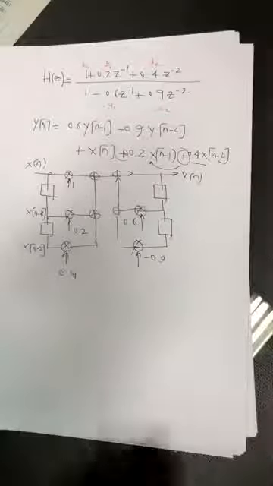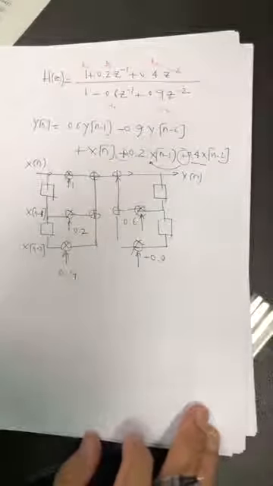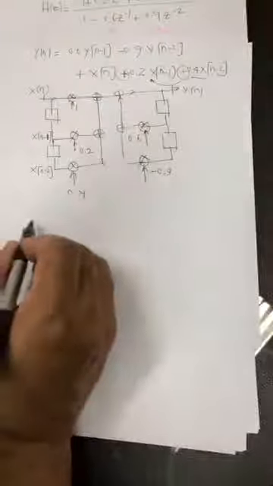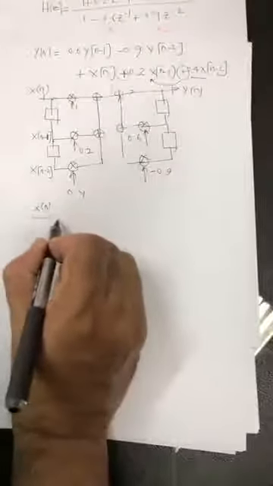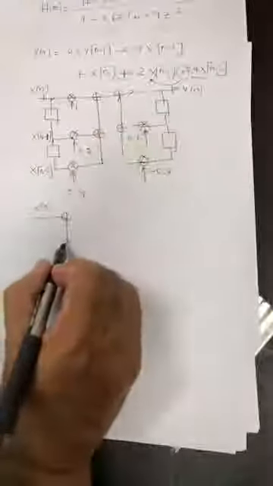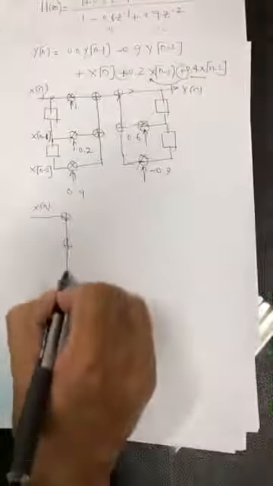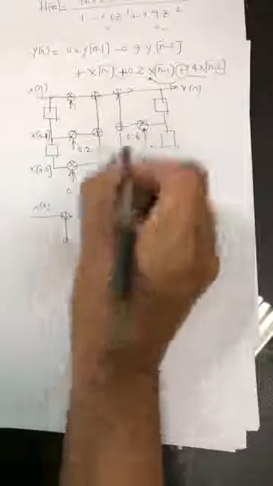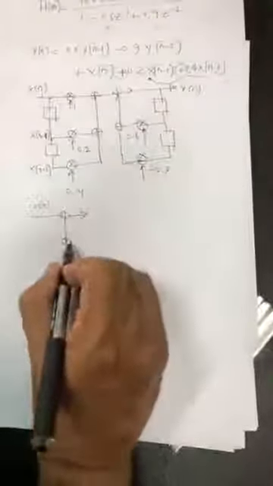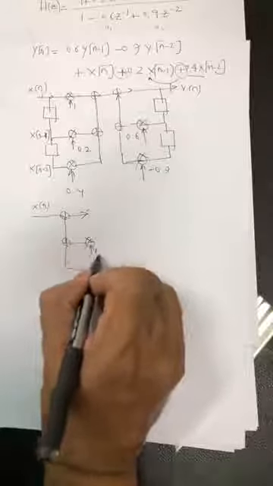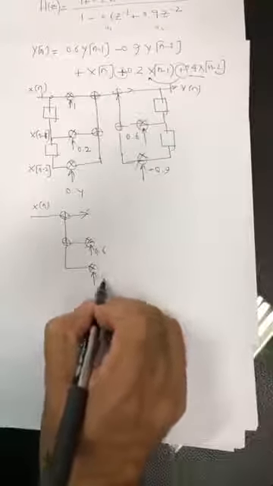In direct form 2, you take this part and make it here, and take this part and make it here. So x of n will remain here, y of n will remain here. You have x of n, you have this adder, then this adder, then this arrow, then this multiplier, then this multiplier.